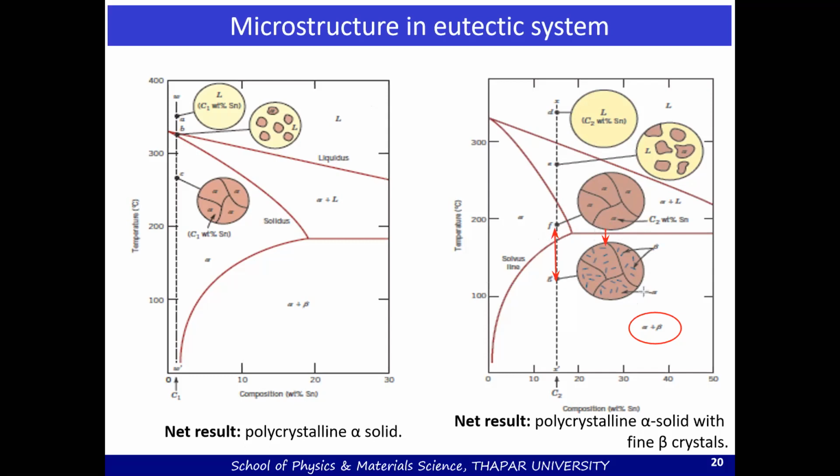So the brown background which you see is nothing but the same alpha solid which you had in the previous case. But on top of that, you can see some small blue lines. You can see there are a few small blue color lines. These blue color lines are your beta phase.